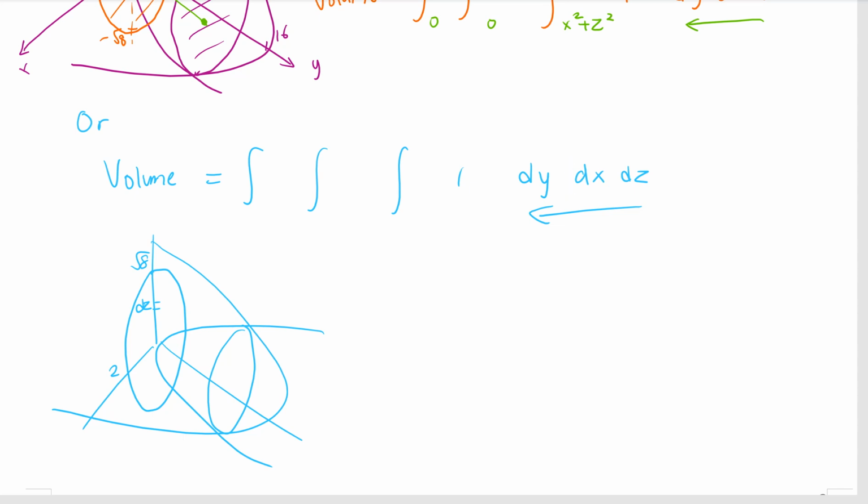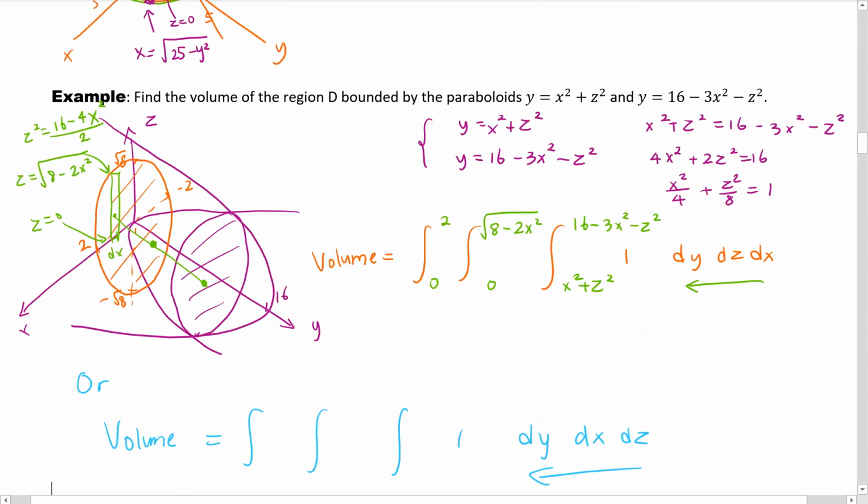Then the next one is dx. We want to draw a rectangle on the xz plane. This is the rectangle, right? And we want to express x in terms of z. On this side, x is 0. On this side, we want to express x in terms of z, so let's find that ellipse. This is the one, right?